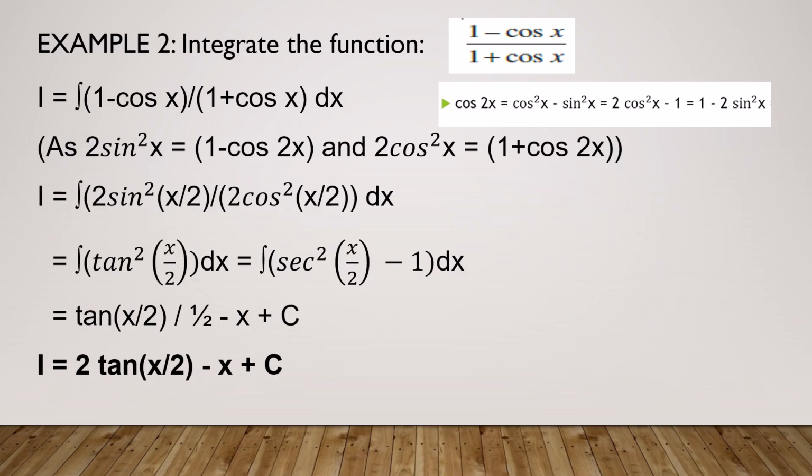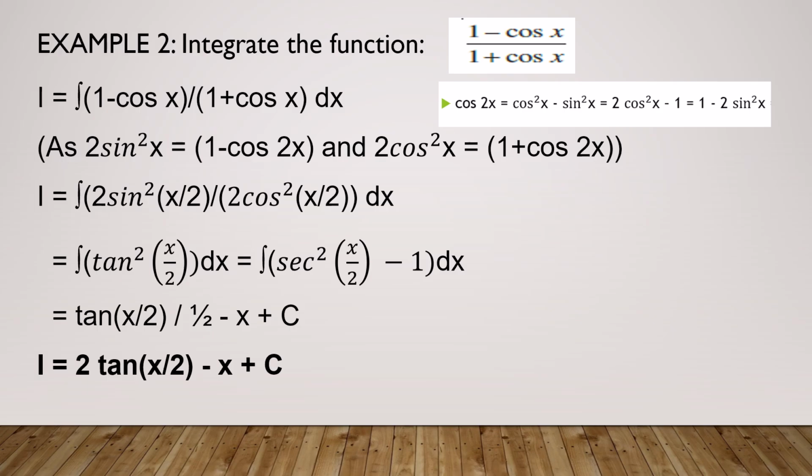Example 2. Integrate the function (1 minus cos x) upon (1 plus cos x). Now we have 1 minus cos x and 1 plus cos x. You know the formula for cos 2x: cos 2x is 1 minus 2 sin square x, or cos 2x is 2 cos square x minus 1.